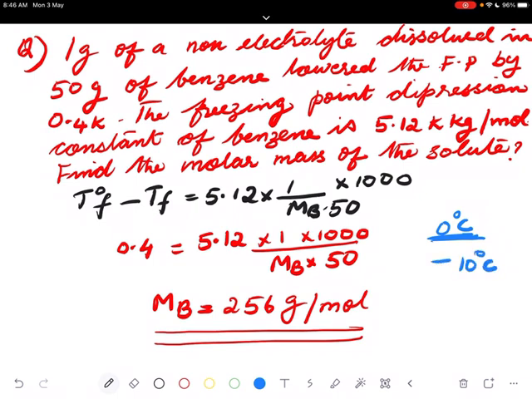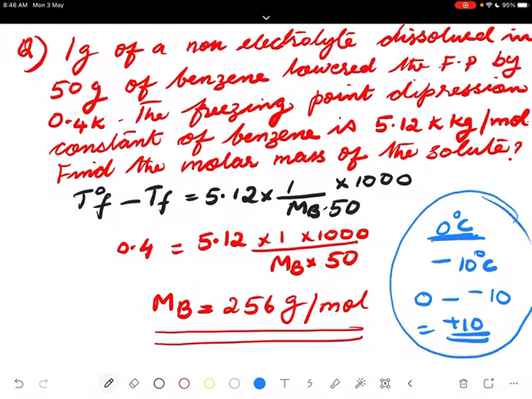Now what is the difference? 0 is the freezing point, that is 0 minus minus 10. So this is plus 10. So the difference is always positive, whether it is degree Celsius or in Kelvin scale. This difference is always positive, that is higher minus lower.